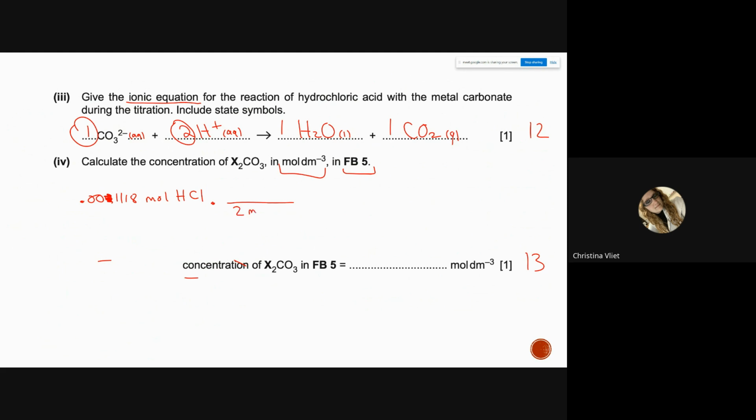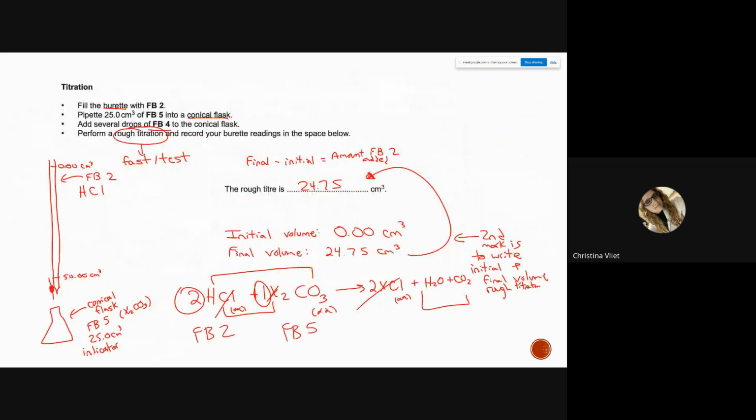It's 2 moles of H+, which is the same as HCl because it's a strong acid and the spectator ion is not being shown in this ionic equation, for 1 mole of CO3 2-.